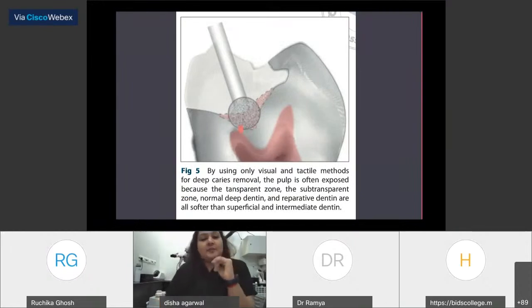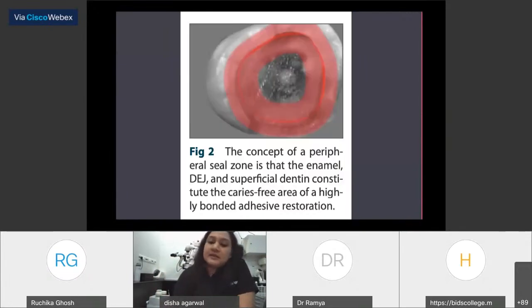Every time I would have some carious lesion which I would have left in, especially in these areas, not in this area, on the walls. Because when we use the probe, we do not actually go and check the tactile sensations on these walls. Okay, so that is how I started applying it to my practice, and it has been a good indicator for me.